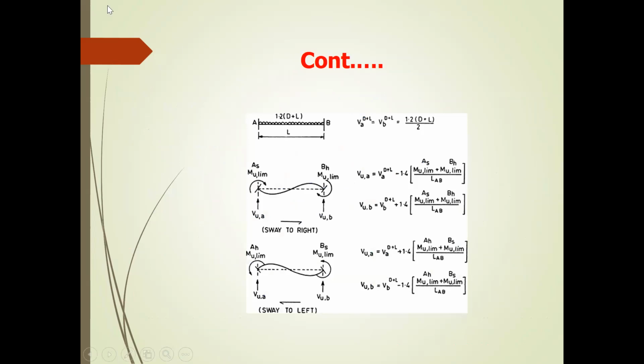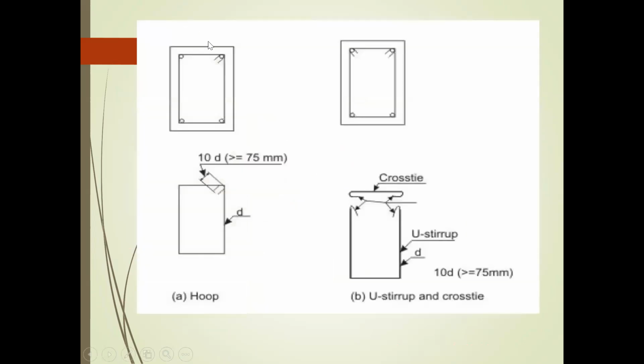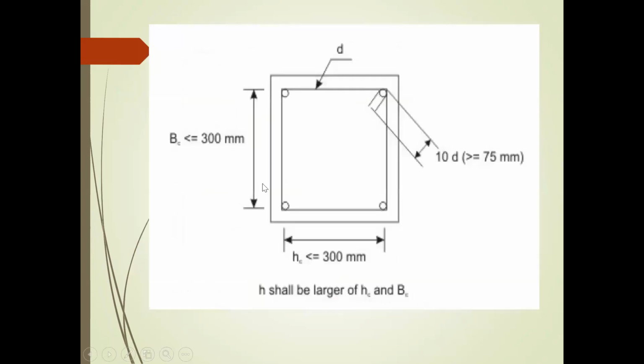Here I have given all the calculations and drawings: how the hook length has to be provided, how to provide the stirrups, how the cross ties have been provided, and what is called a hoop. Everything has been explained in this sketch. See the beam, it is 300 by 300 mm size.